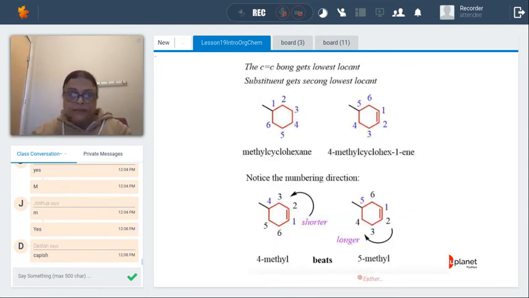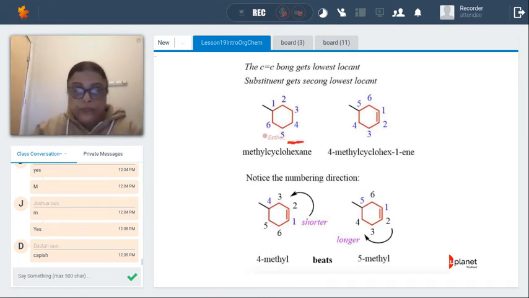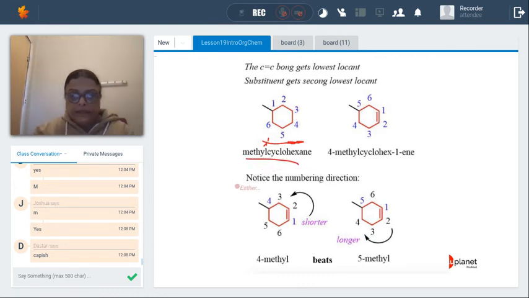All right. Okay. And what happens if you have a substituted ring? So we have here methylcyclohexene. But what happens if I have a cyclohexene and a methyl stuck to it? Of course, the double bond gets position 1.